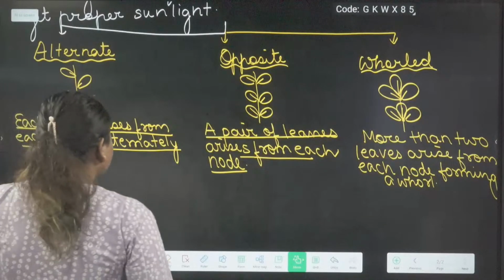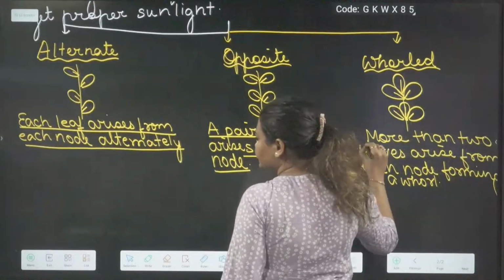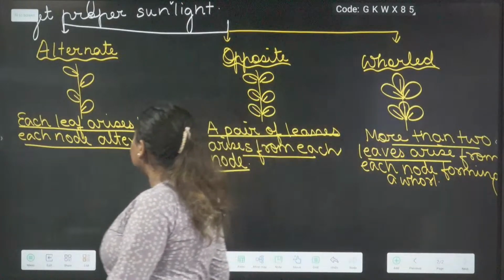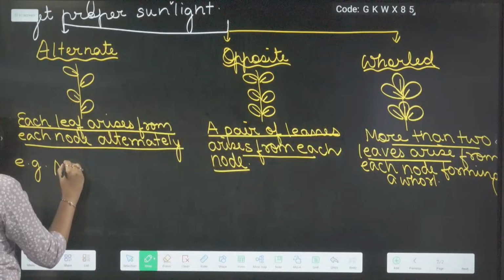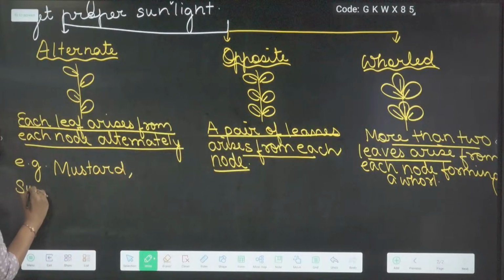Okay, now what are the examples? Examples of alternate Phyllotaxy are mustard, sunflower, China rose.